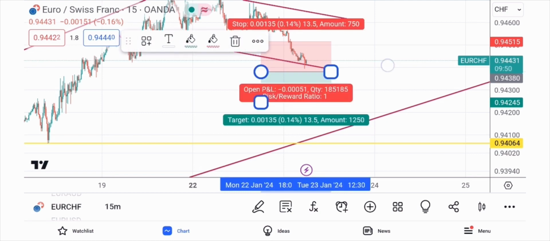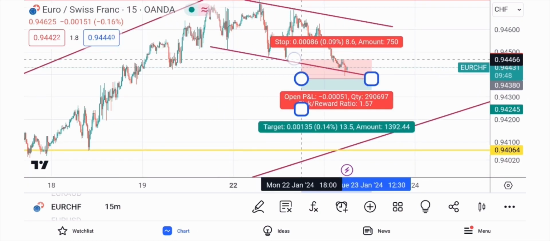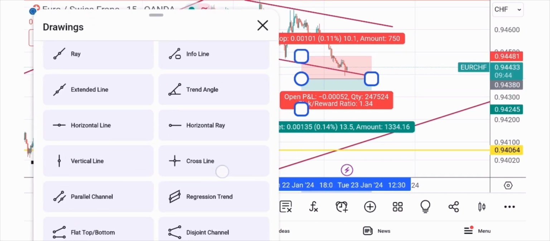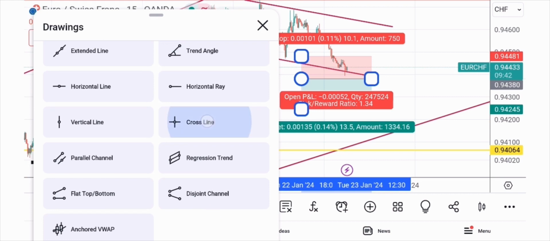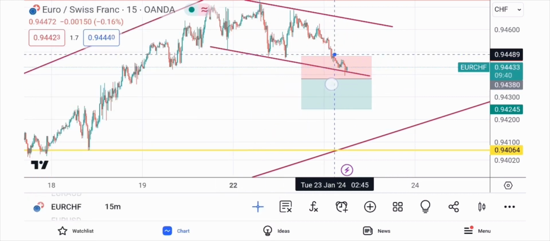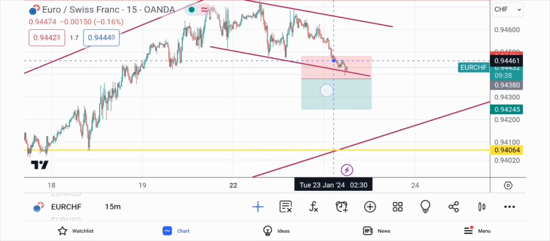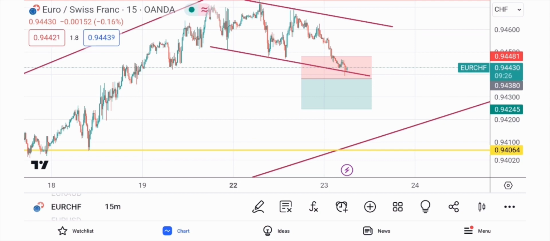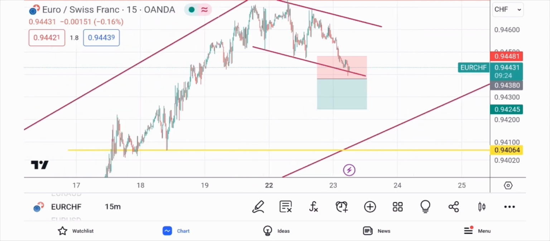And then your stop loss should be just above this retest there. So that's where your stop loss should be, which will be about 10.1 pips, which is 11%. So which is good. It's a good risk, right?